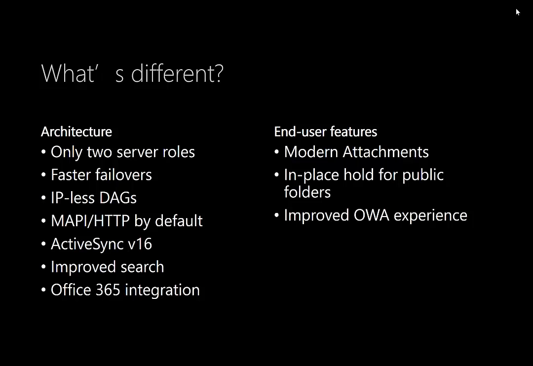So far, everything I've described, you can look at and say, well, okay, great. But what am I going to tell my end users? How am I going to convince an end user that this is an upgrade that benefits them in some way? So I would say the big enchiladas here from an end user standpoint are, number one, support for modern attachments. This is a feature that allows you to take an attachment and automatically upload it to OneDrive or OneDrive for Business and send the recipient a stub object that points to that attachment.